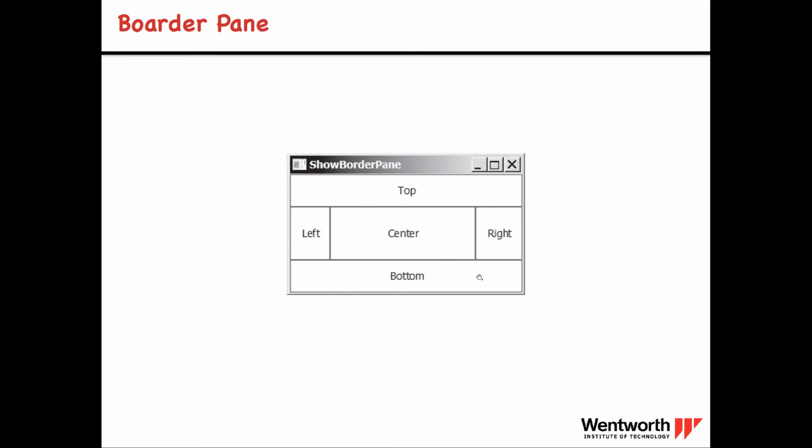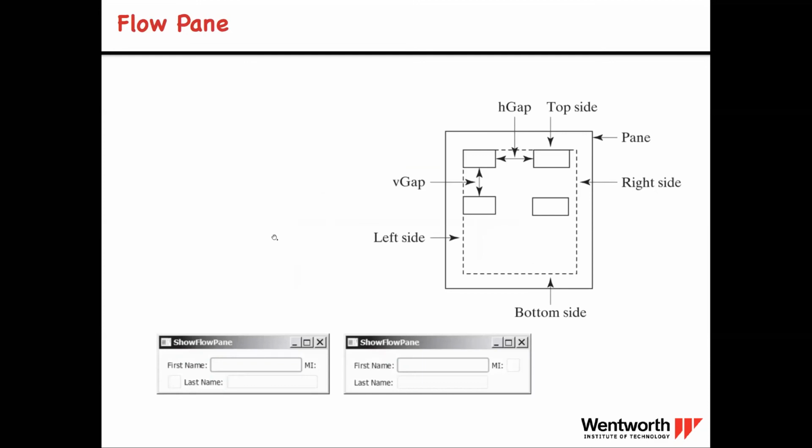Maybe I just want a button on the bottom and I want an image in the center. You can do that. There are ways that you code it up to do it. A flow pane typically has, depending on whether you use the vertical one or the horizontal one, you choose stuff like the gaps, the vertical gap, horizontal gap, whether stuff's on the left, right, top, bottom, that sort of thing. So it has a bunch of options for you to set where things are located.